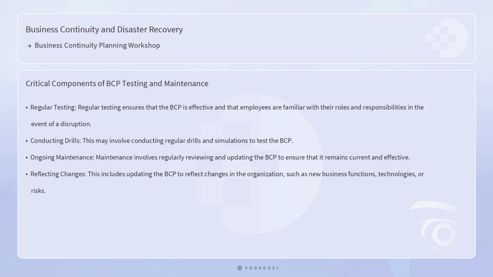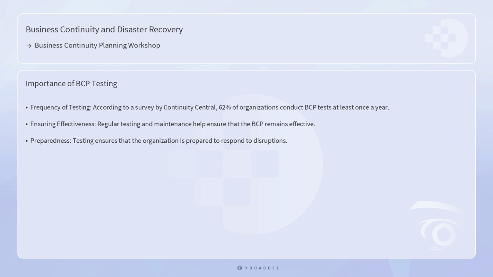This includes updating the BCP to reflect changes in the organization, such as new business functions, technologies, or risks. According to a survey by Continuity Central, 62% of organizations conduct BCP tests at least once a year. Regular testing and maintenance help ensure that the BCP remains effective and that the organization is prepared to respond to disruptions.